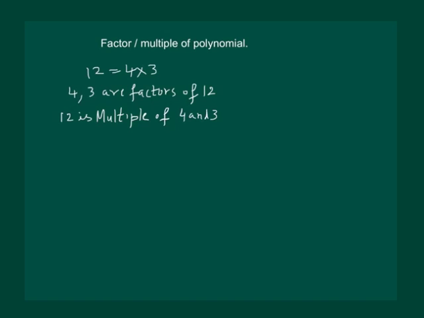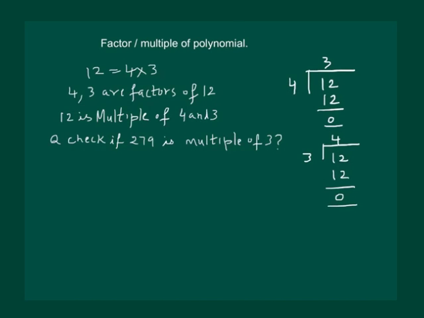But both these statements actually mean that if you divide 12 by 4, we get 3, and the remainder as 0. If we divide 12 by 3, again we get remainder as 0.